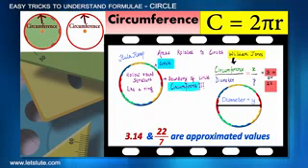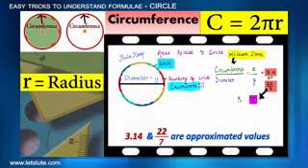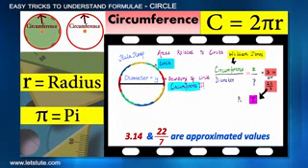And they named this constant pi. So, now we can say that whenever we have r, that is radius, and pi, we can surely say that the formula is related to a circle or any curved object.